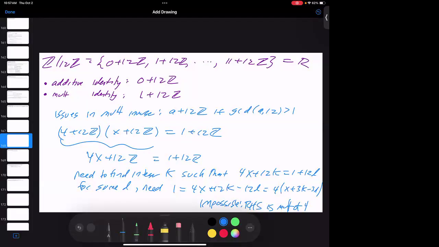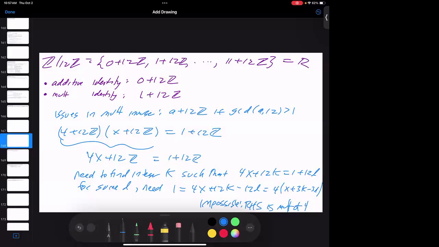But now we have numbers like 4 plus 12z that are not going to have a multiplicative inverse. So when we talked about what we want in the definition of a ring, we can't just say it's a ring if it's almost a group under multiplication. 0 is not required to have an inverse.